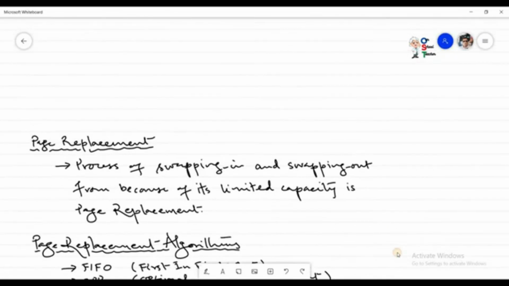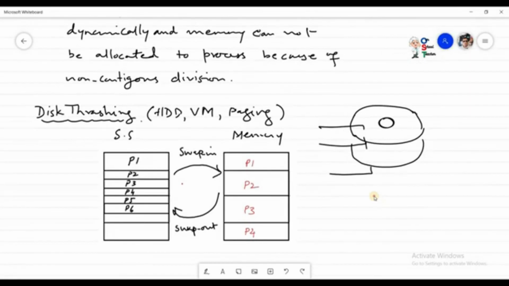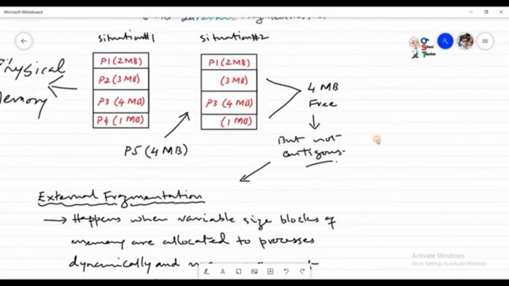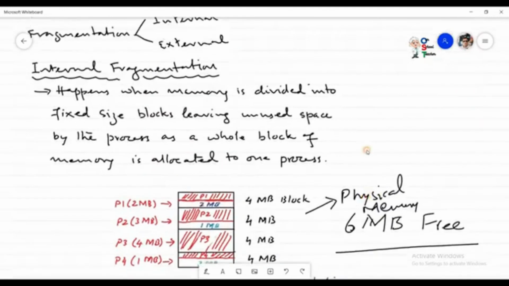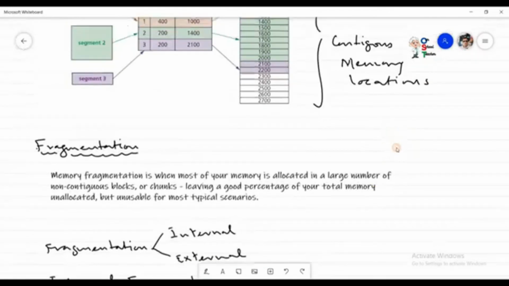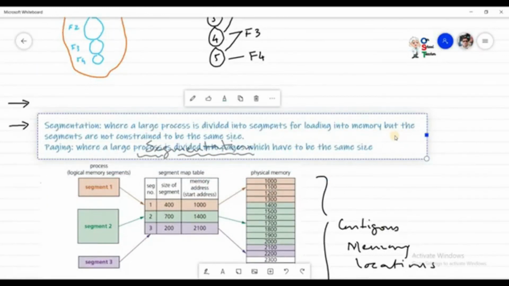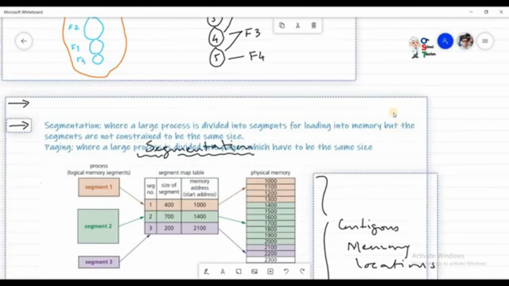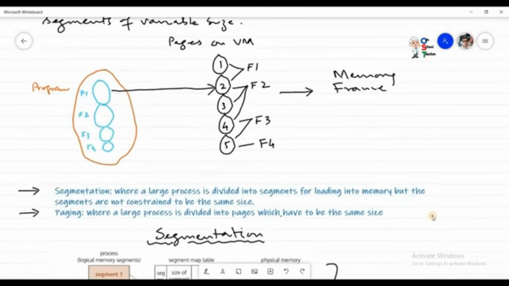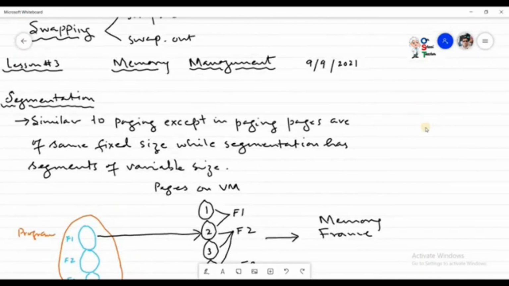So we end our lesson here. In today's class, we have discussed a number of things. Let's have a quick recap. We started from segmentation.